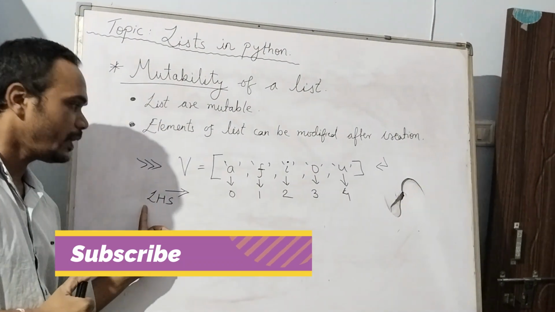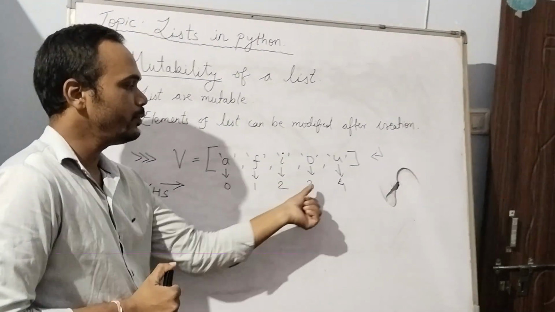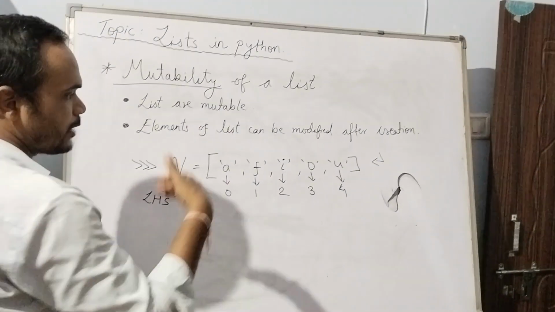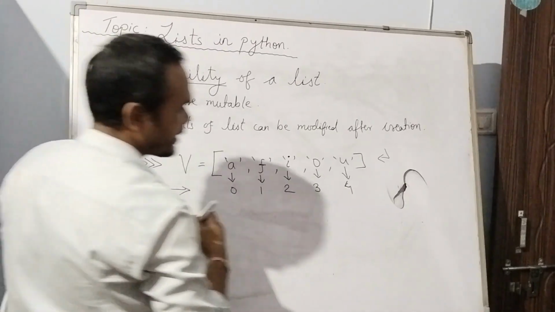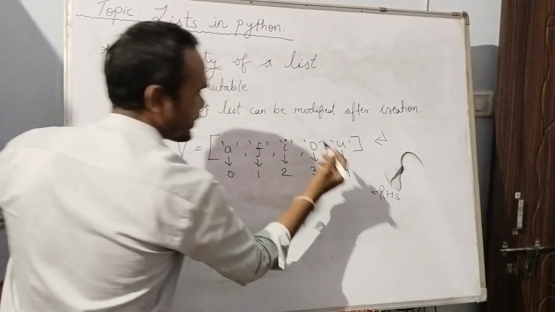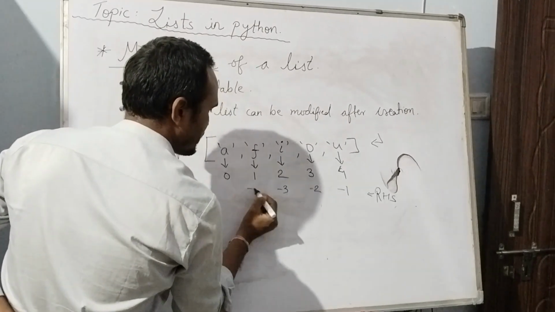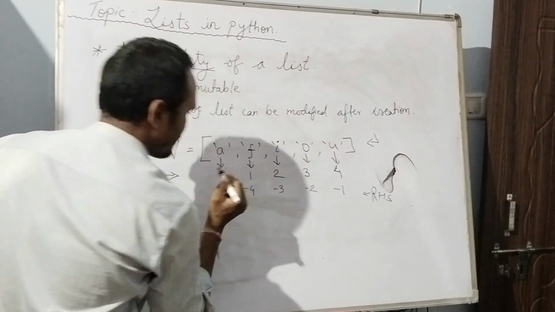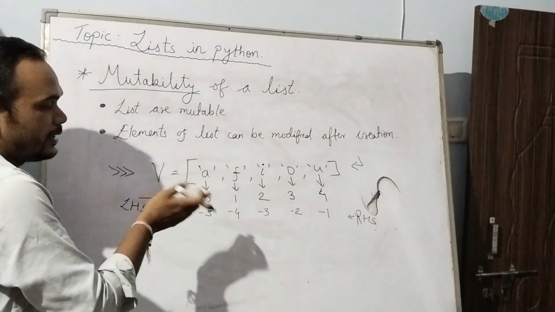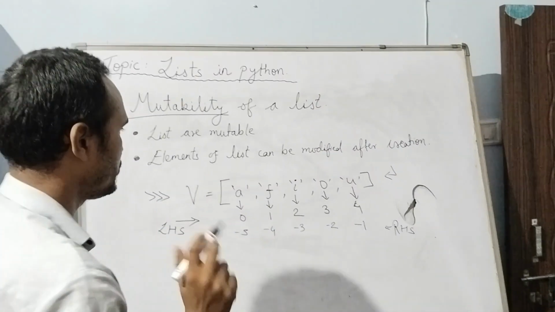But in the same way, when we access the same values from the right hand side, as you can remember, it starts from -1, -2, -3, -4 and -5. Clear? So the values can be updated either by the negative values or by the positive values. I will explain from both sides.